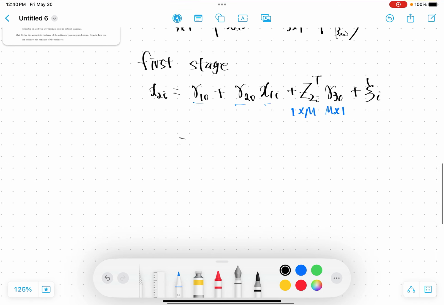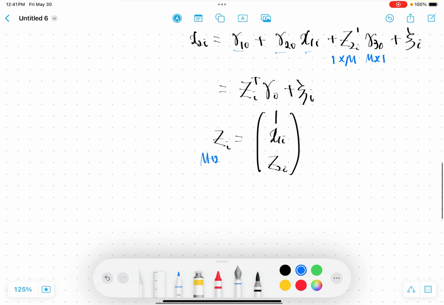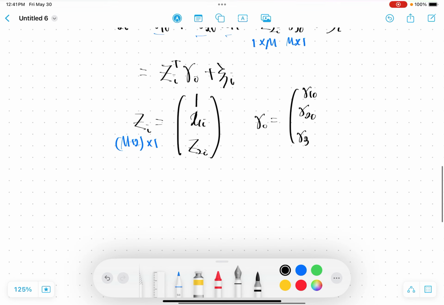And then here I use this notation zi transpose gamma 0 plus xi, where zi is a vector of intercept and x1, the exogenous variable, and the excluded variable, which is an m plus 2 by 1 vector. Similarly, gamma 0 includes gamma 1 0, which is intercept, the coefficient of x1, and the coefficient of the excluded variable gamma 3 0.